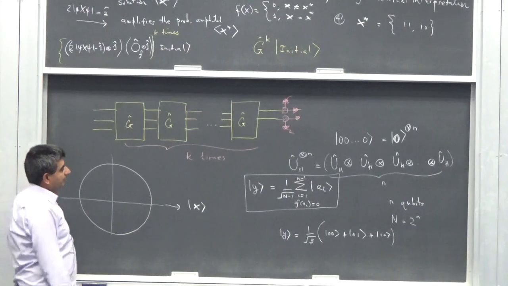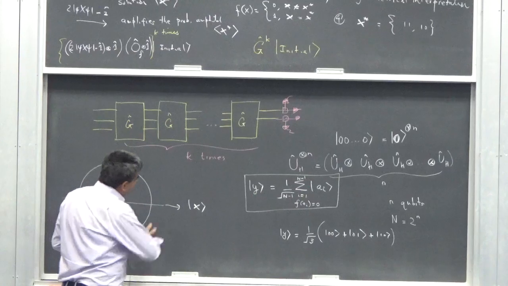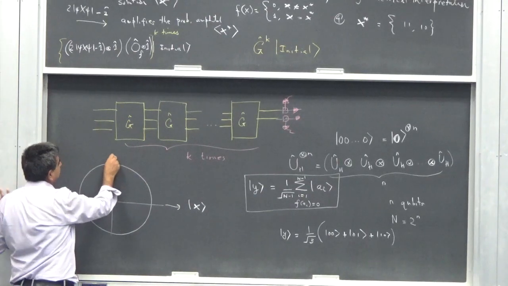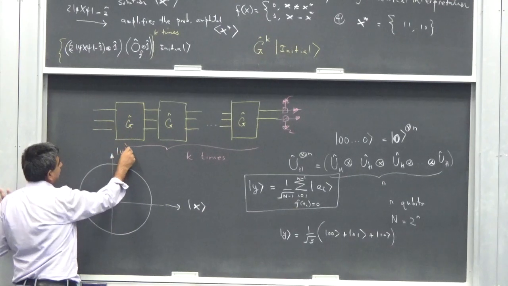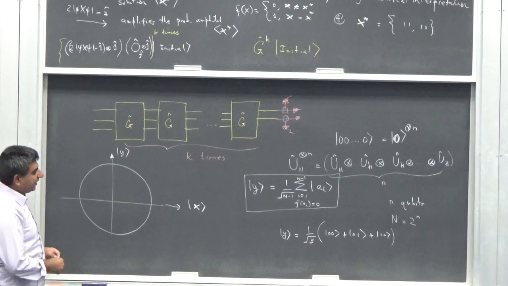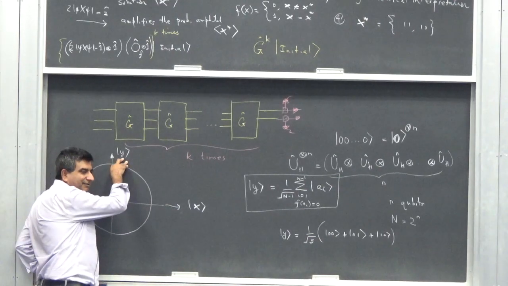Alright, so conceptually, this ket x lies somewhere on the circle, and there is also a ket y that lies somewhere else. And really, this state is orthogonal to this state.